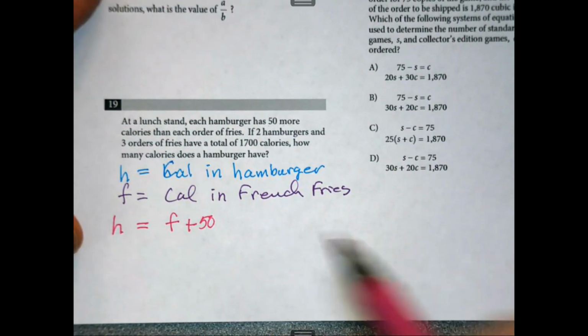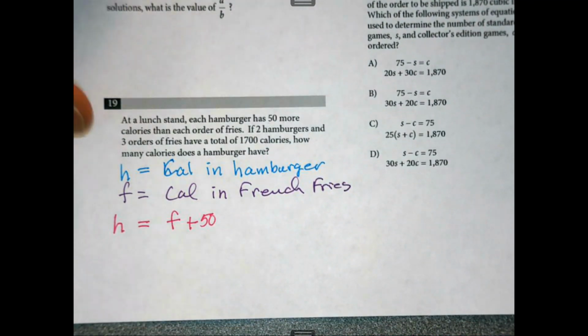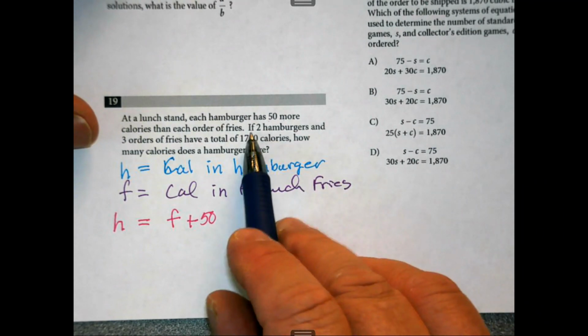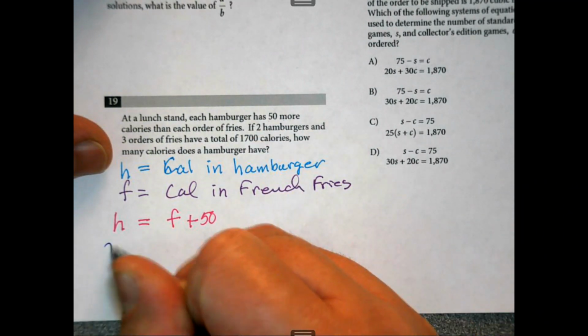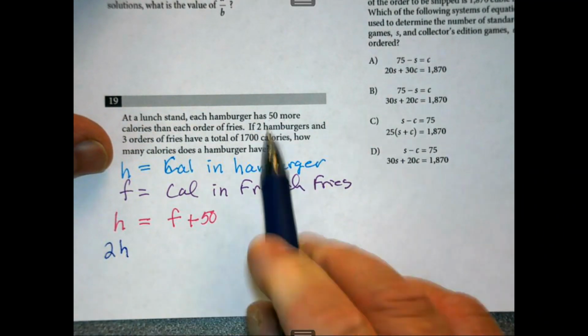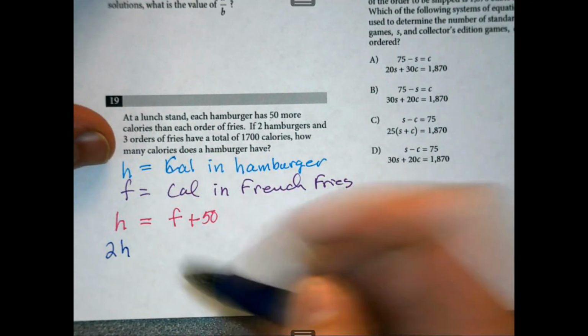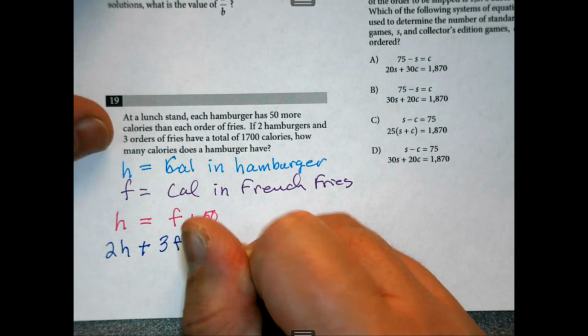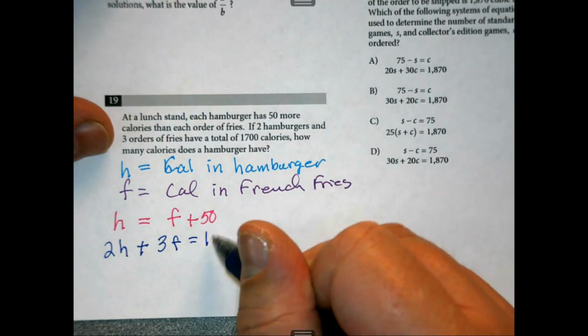So there's one equation. Then the next one's not so bad. I have two hamburgers, so 2H, and three fries is going to equal 1,700 calories.